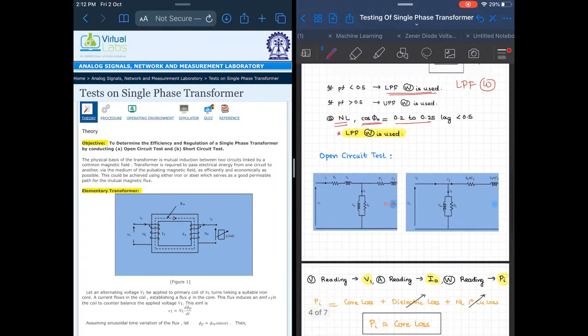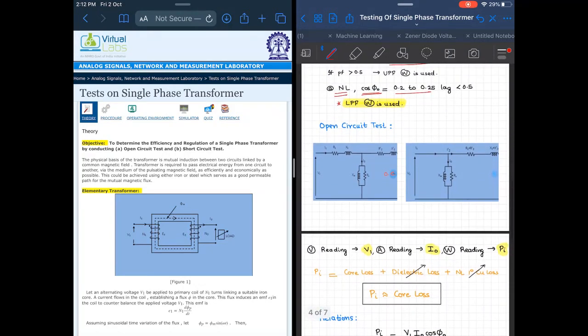Let us see the equivalent circuit in the case of the open circuit test. Here I have referred the entire circuit to the LV side. So this is my R2 dash, this is my X2 dash. But since the circuit was open circuited, here we have removed the load and this is open circuit.